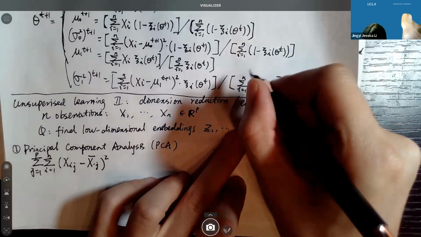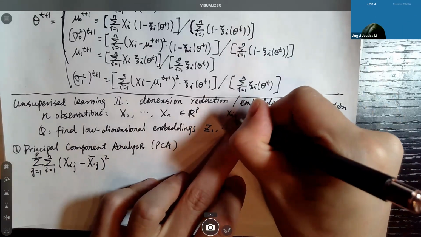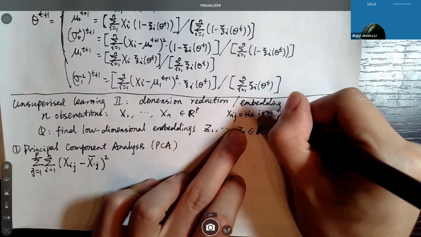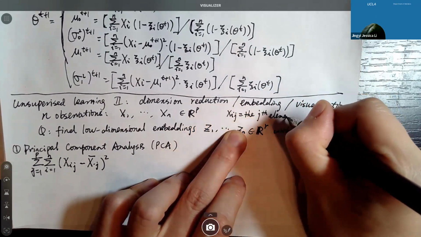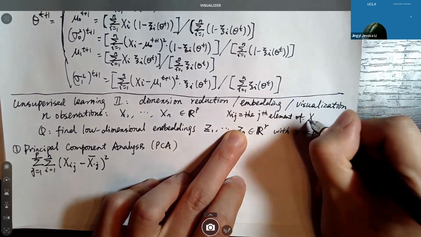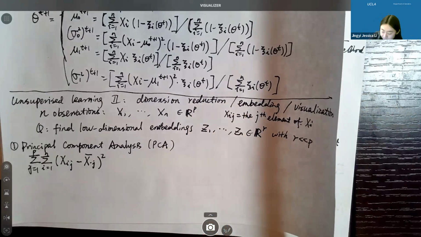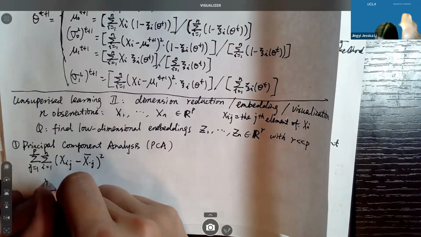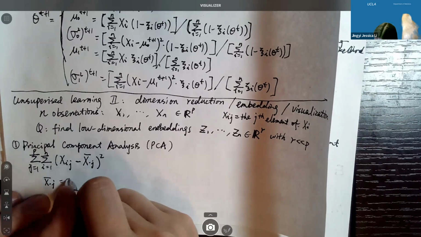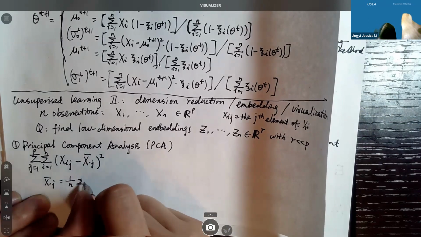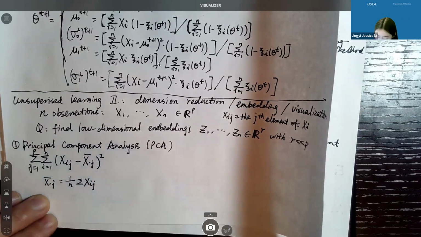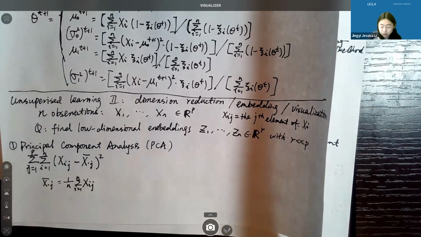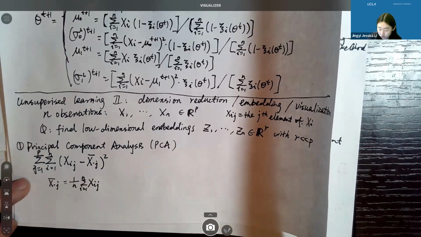To be specific, xij is just the jth element of xi, and for this x dot j bar, I mean that I'm taking the average of all the xi's in this dimension j. That's the average. So this is the total variance in the original data.